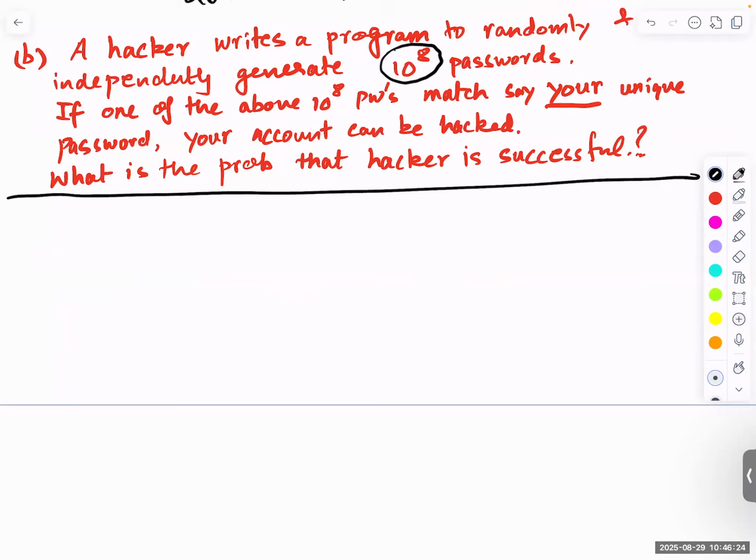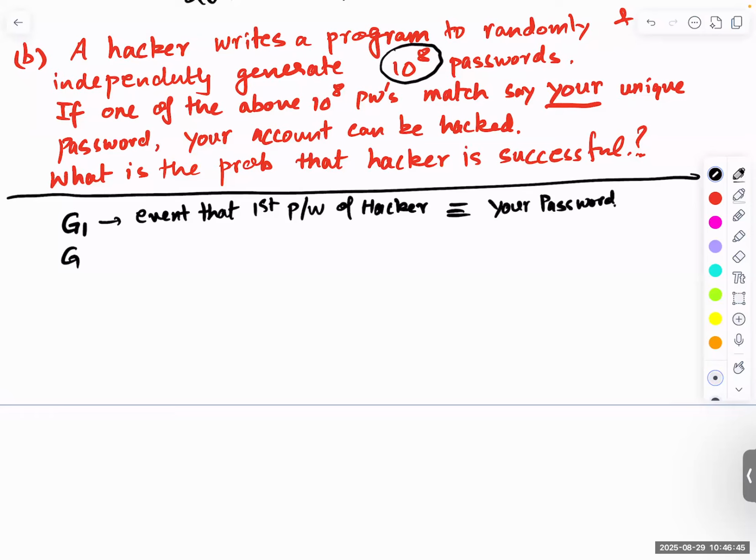So I'm going to create names for events. So I'm going to write G1 as the event that the first password generated by hacker equals your password. Right? G2 is the event that the second password of hacker matches your password, and so on and so forth.